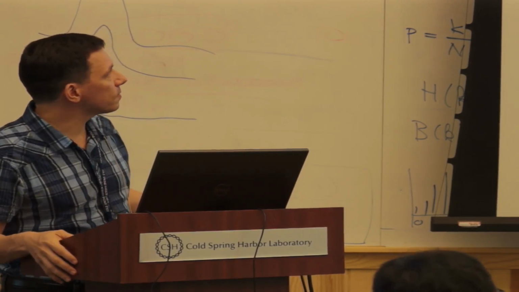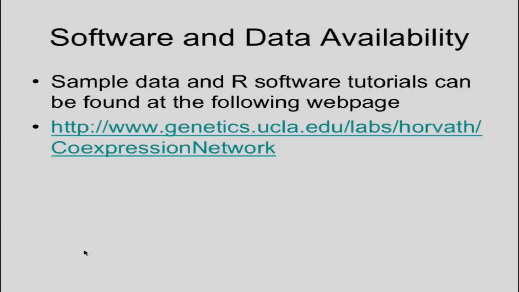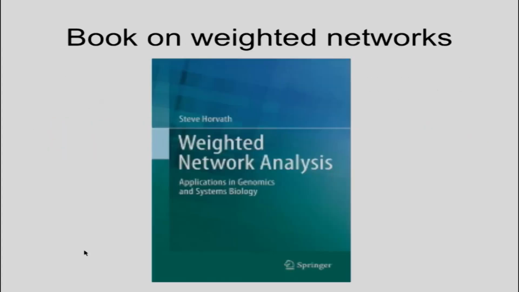I also mentioned there is a book on weighted networks, and if you go to the Springer webpage while you're on campus, you can download a free version of the book as a PDF file. But you have to be on campus because you need a subscription to Springer books. If you're at home, then suddenly this book will be unaffordable.